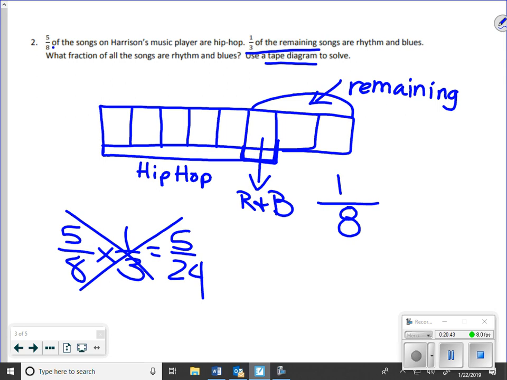Yeah? No? Maybe? Okay. See, if you read the entire problem and just go blah, blah, blah, words, you are not going to get it. See how I drew the tape diagram, and I did 1 piece of information at a time, and I labeled it as it told me.